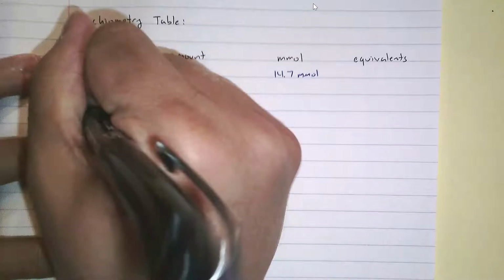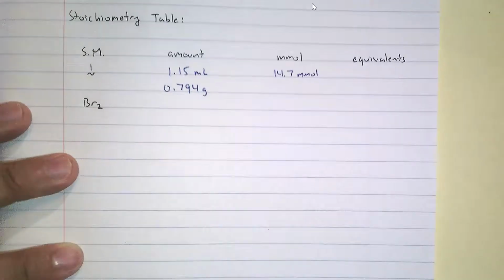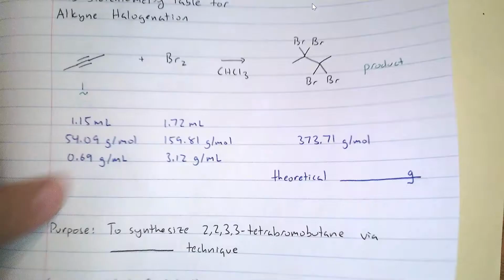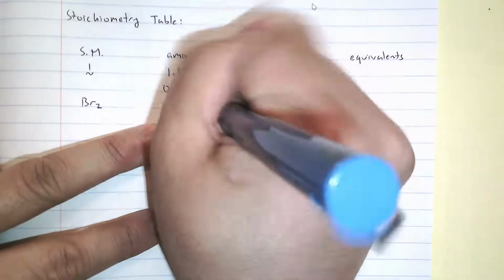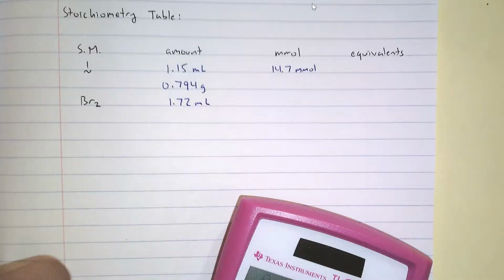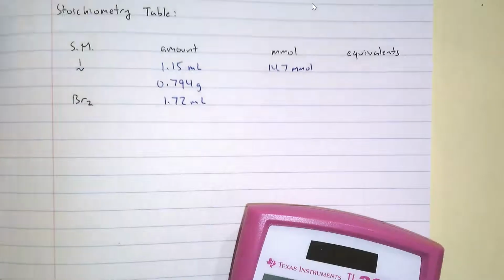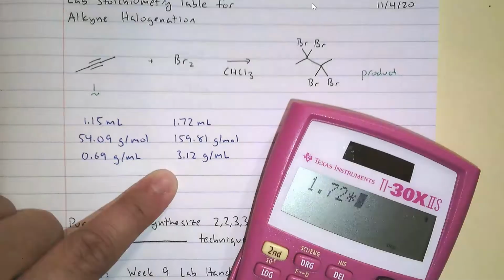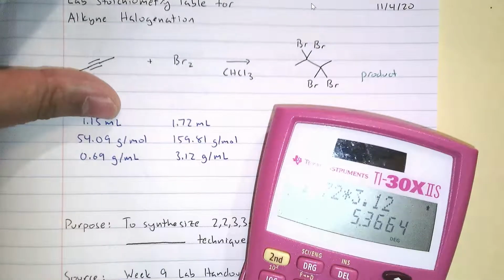So here's Br2, and we do the same thing. We have 1.72 milliliters, and to figure out the grams, we multiply by the density, 3.12. So that's grams, 5.37.